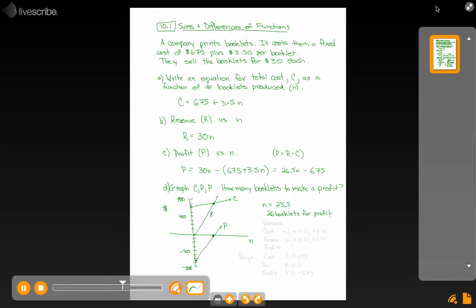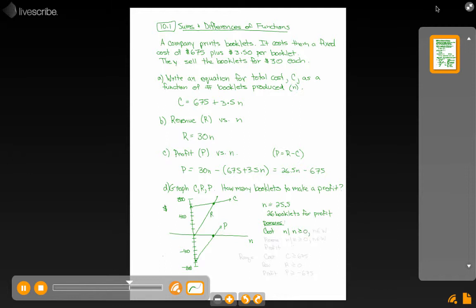The last thing I wanted to mention would be the domain of these graphs. You'll notice that I haven't bothered drawing the graph anything to the left of zero, and really it doesn't make sense. So for cost, the domain, just as an exercise, n needs to be greater than or equal to zero.